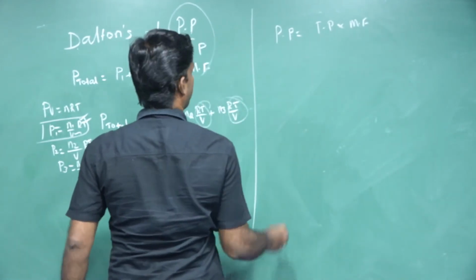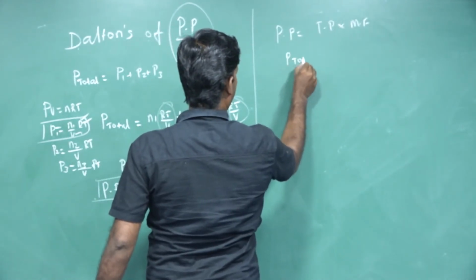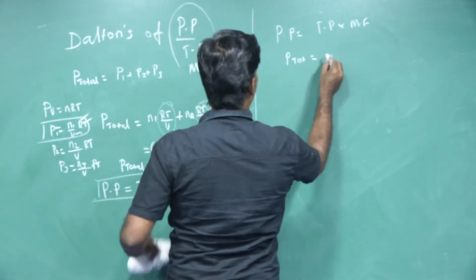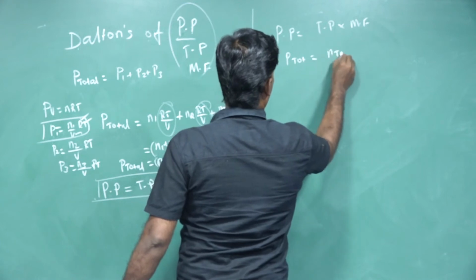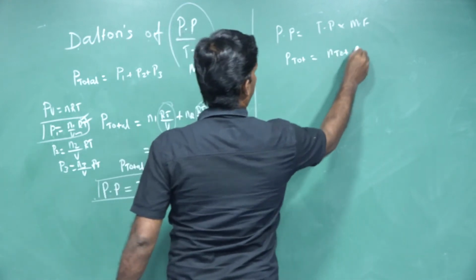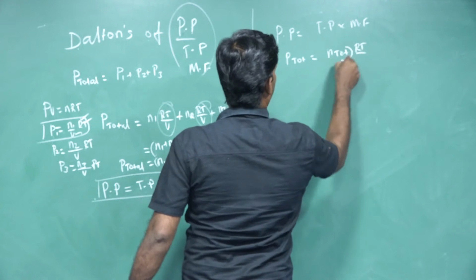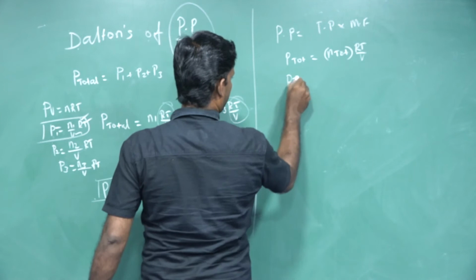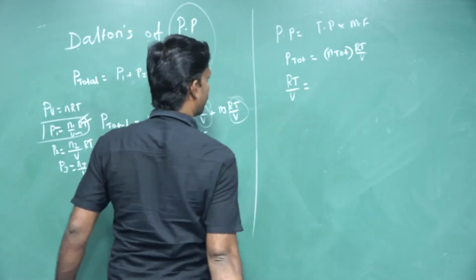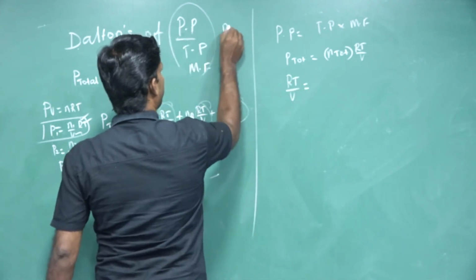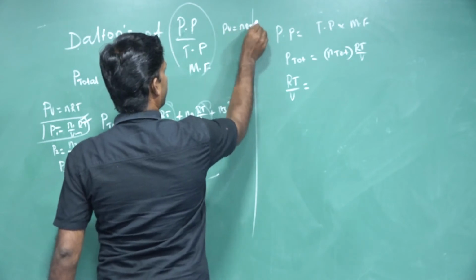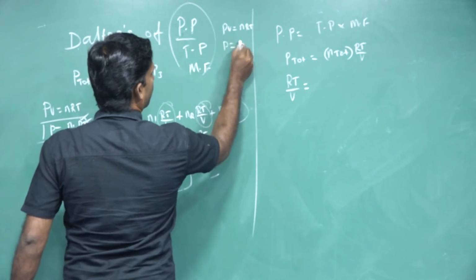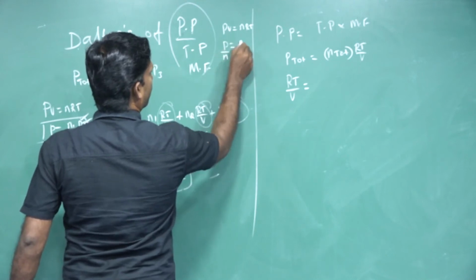So from this we can take P total equal to N total by RT, N total into RT by V. Instead of RT by V, we can substitute from PV equal to nRT. So P by N equal to RT by V.